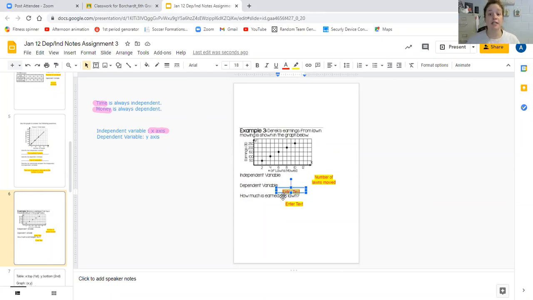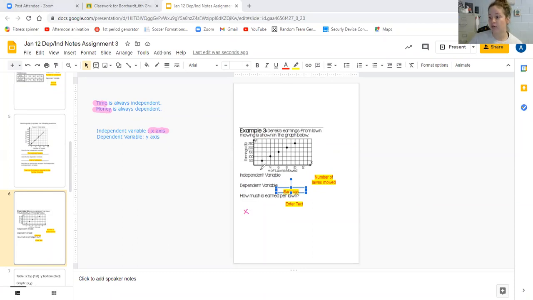Very good. And remember, we talked about money being dependent, and earnings has to deal with money. Okay, and now we've got to figure out how much is earned per lawn. Now, if we're looking at this graph, let's look at this first coordinate, this first ordered pair right here.